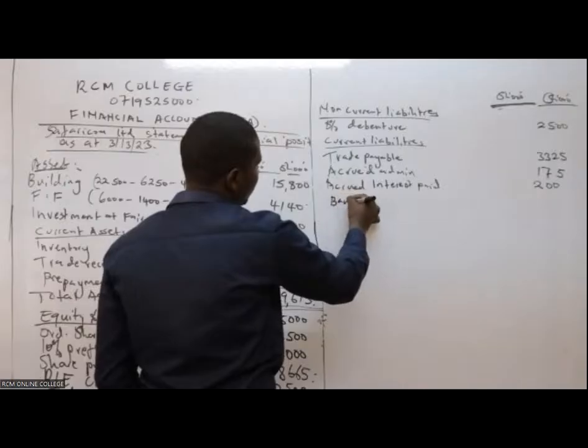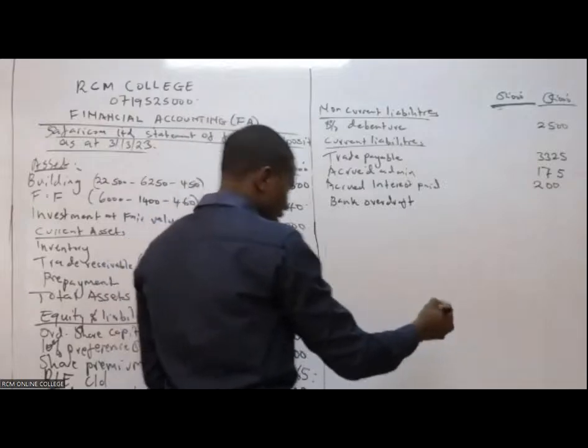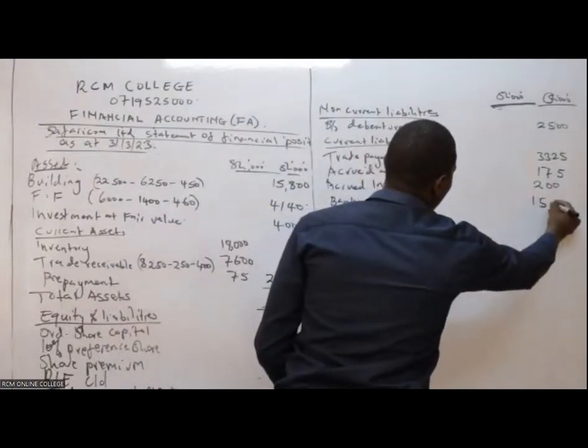If it is credited, that is a bank overdraft of 1,500.